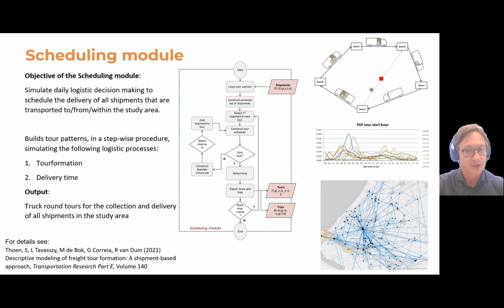The model we developed is based on discrete choice theory and is an incremental choice model that predicts the probability that different shipments are to be combined in a round tour. The result of this part in the simulation is tour schedules on a daily basis that take place within the study area.